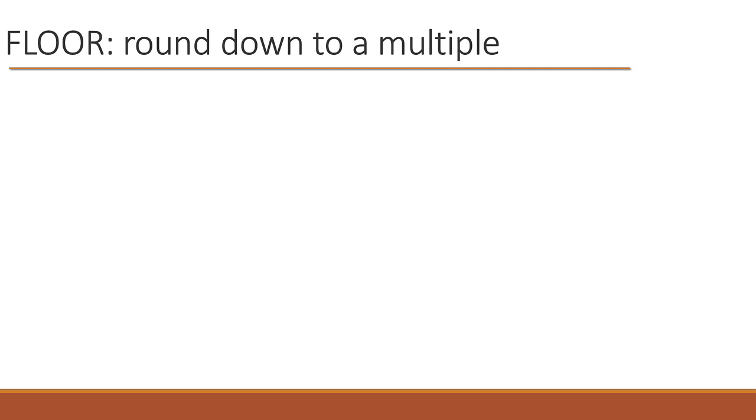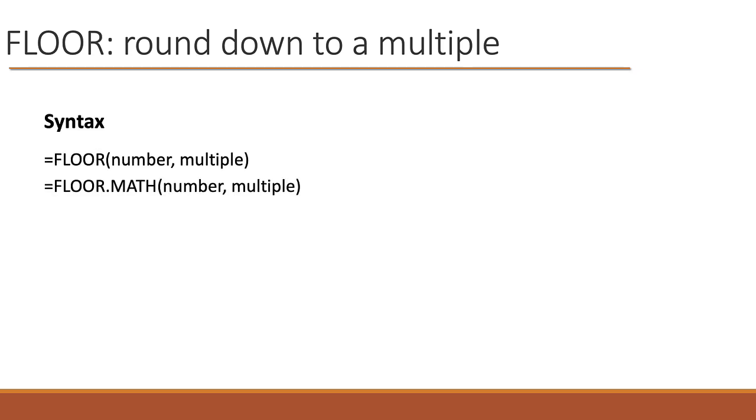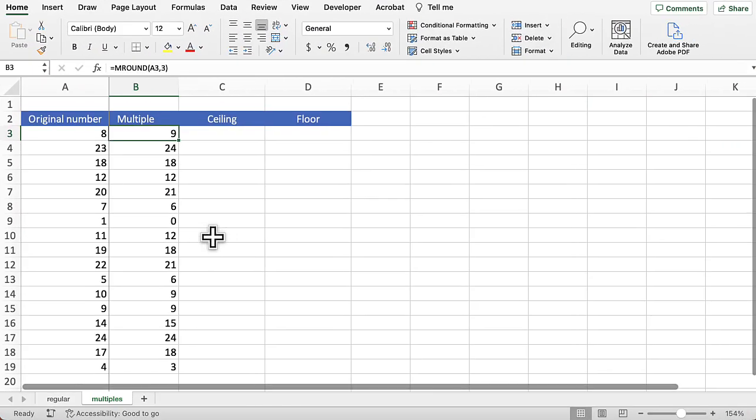Also, like with the CEILING function, the newer edition of the function is called FLOOR.MATH, and older versions are simply called FLOOR. Syntax is just the same, either FLOOR or FLOOR.MATH. Feed it a number, tell it what multiple you want. So if we want a FLOOR of 14 with a multiple of 3, well, 14 is closest downwards to 12. Or if we tell it equals FLOOR of 14 with a multiple of 5, the closest multiple of 5 downwards from 14 is 10. Let's do a few of those.